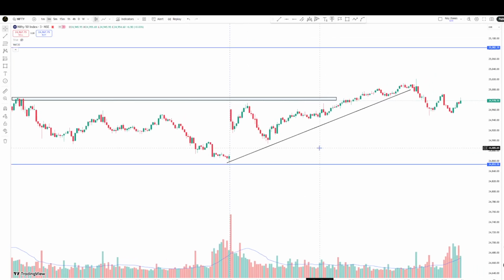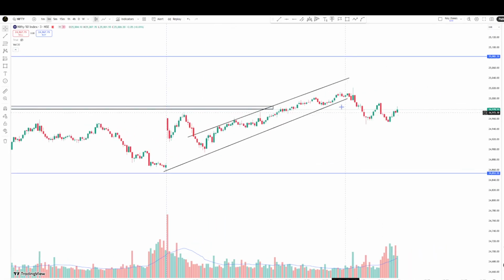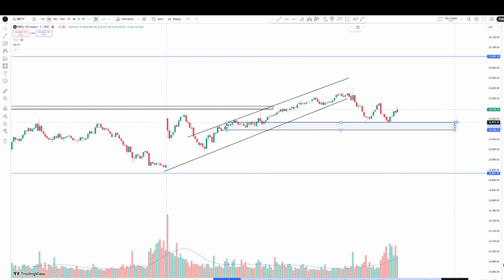It was looking like a rising wedge, I guess, though it could not sustain because there is a huge resistance at 25,000, and it came down till here at this support level. This is a zone of consolidation here.